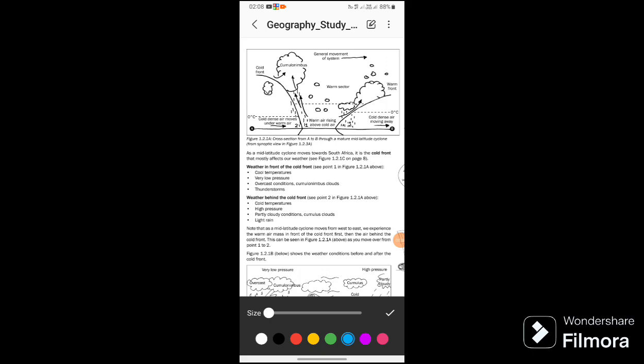The general direction is west to east or easterly. We've already dealt with that in the characteristics of mid-latitude cyclone. Then this is your cold front, and it is steep.